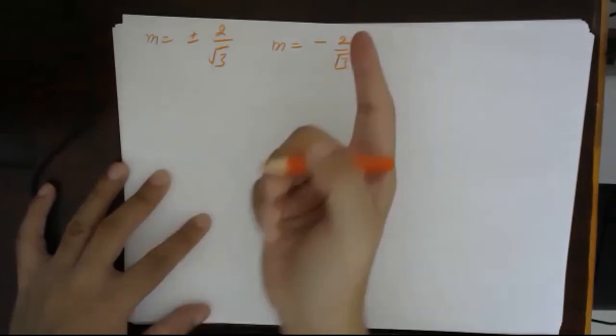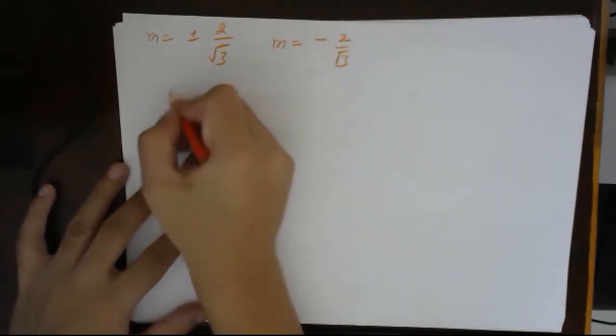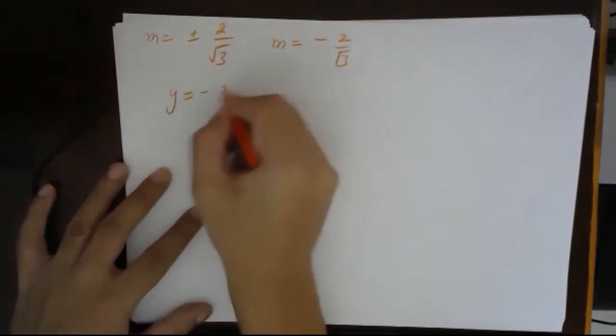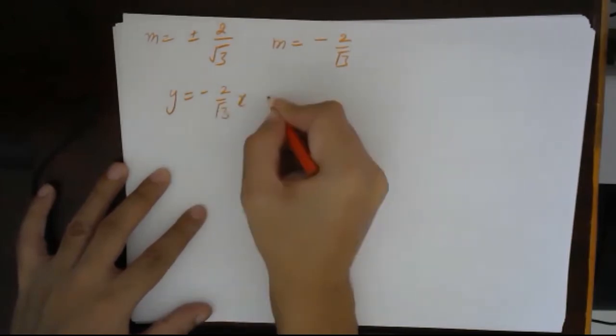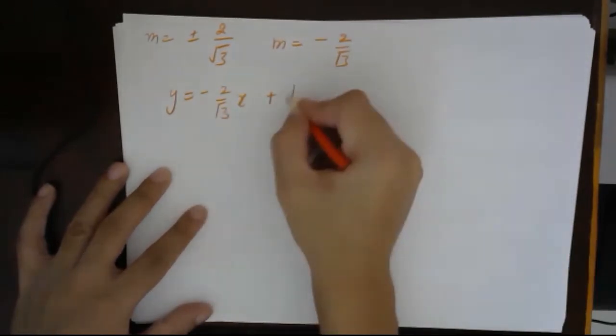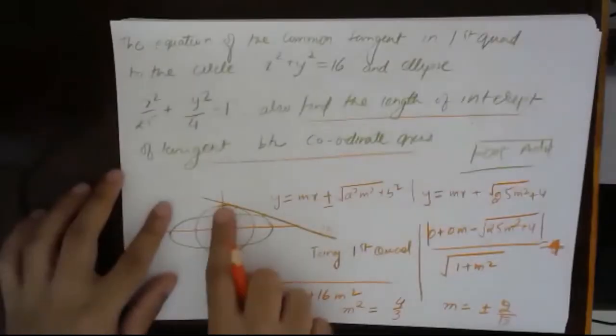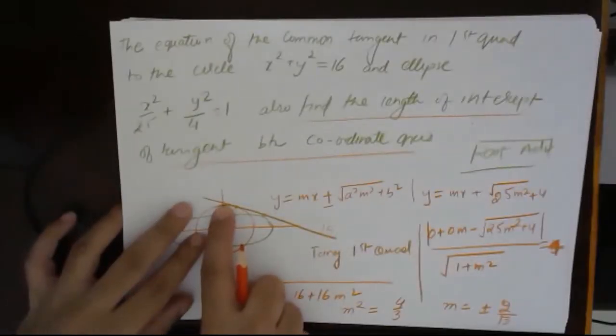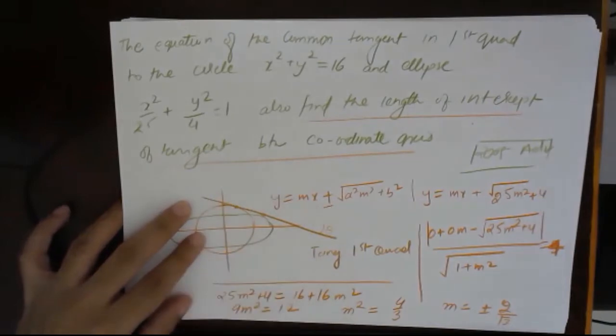So the equation of the tangent becomes y equals minus 2 by root 3 x plus or minus the square root of m square a square plus b square. Here we take positive, because the intercept in the first quadrant will be positive.